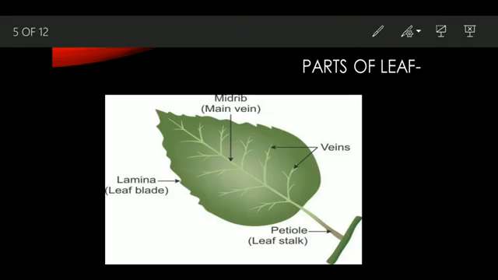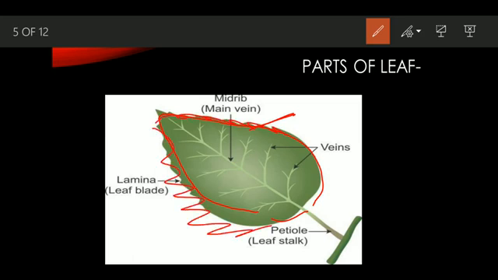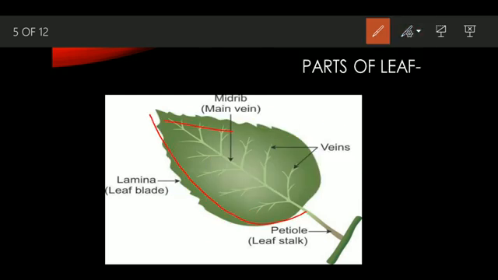If you just come to the diagram again, these edges are known as the leaf margin. You may be able to see that the margin of this leaf is rough. It is not so smooth. Sometimes in some leaves the margins are very smooth like this.